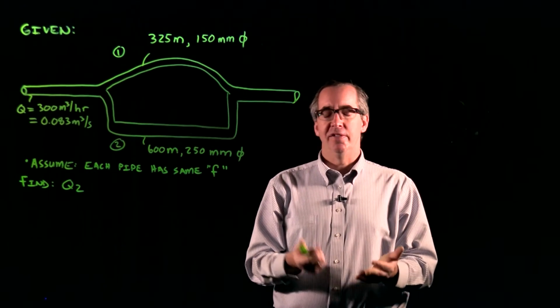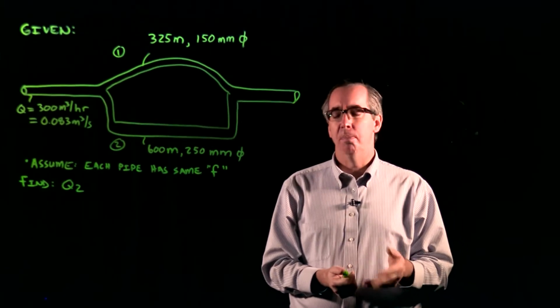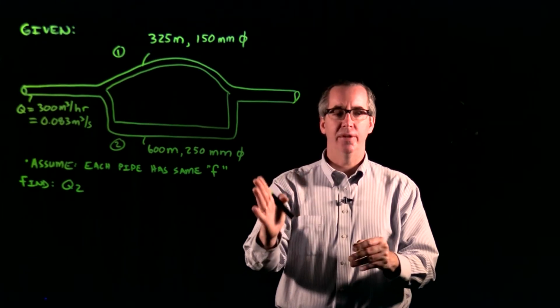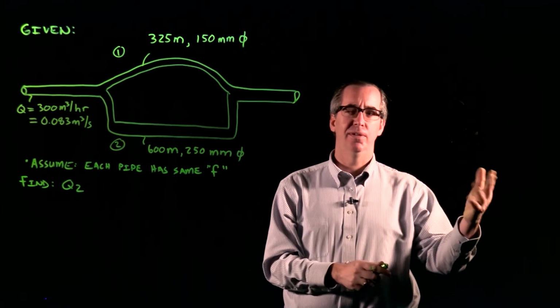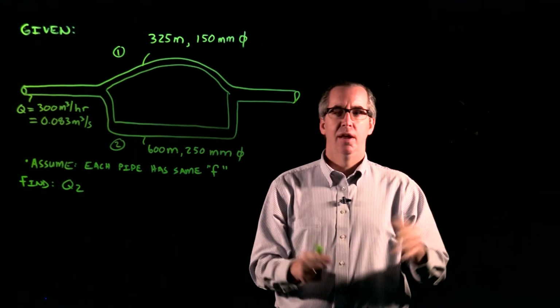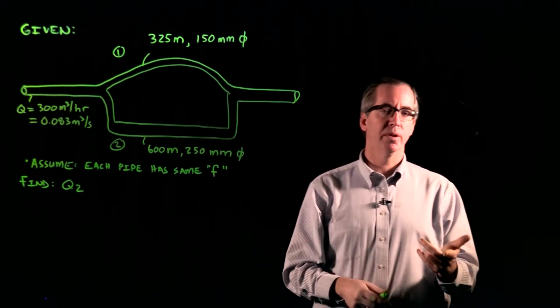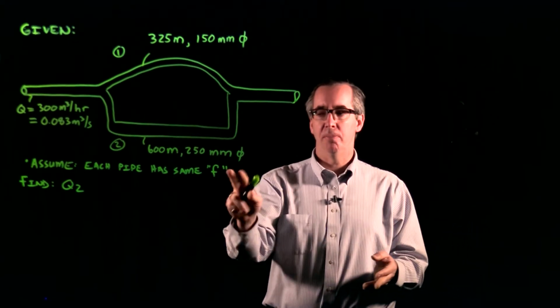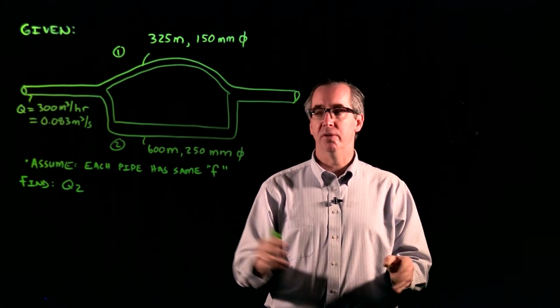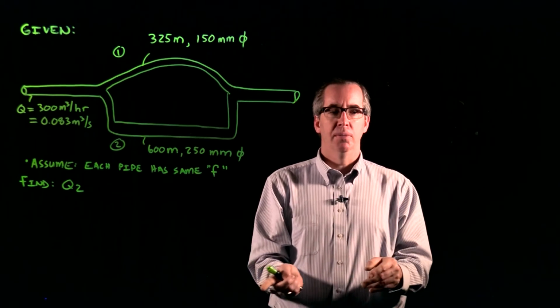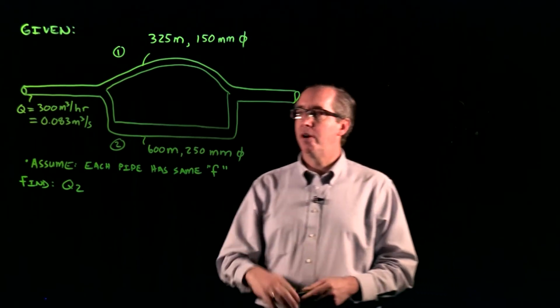Is it always the same? No, but friction factors tend to range from 0.02 to 0.028, and it's likely that they would be close enough in this application. There is a problem that we're going to do later on in the course in which we don't make this assumption, and we actually have to go step by step and redo the Moody diagram. So let's go ahead and get started.